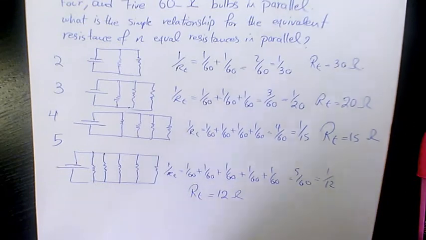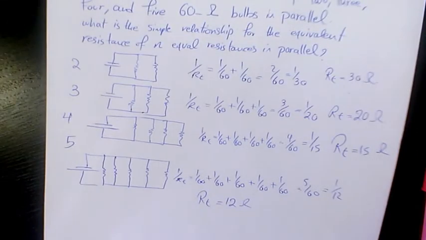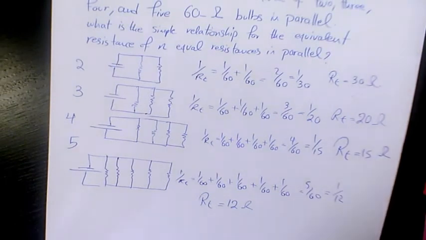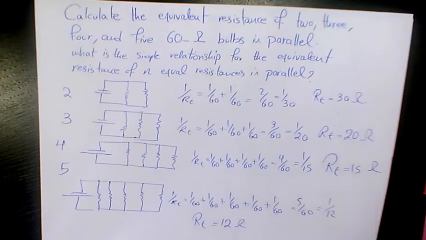As you see here, in parallel circuits, whenever we increase the number of resistors, the equivalent resistance is going to go down. That's completely different from series circuits.